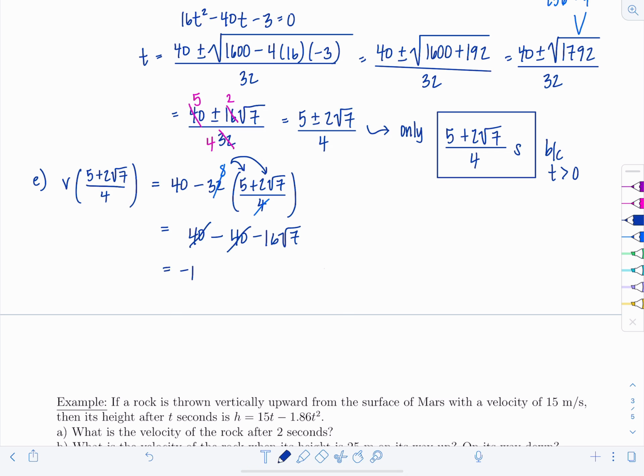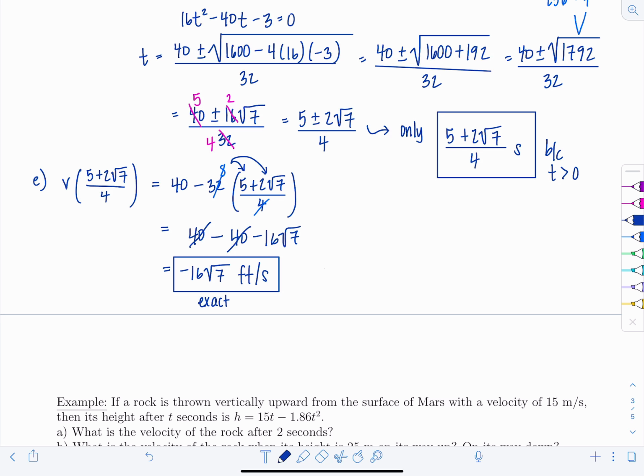So you should have negative 16 rad 7 feet per second. Okay. And then on occasion, they might ask you to round. They didn't in this problem, but just follow whatever the directions say. If they tell you to round, usually they'll tell you how many decimal places they want in the final answer. So if they didn't say anything, I would just leave it like this. Okay, this is exact.